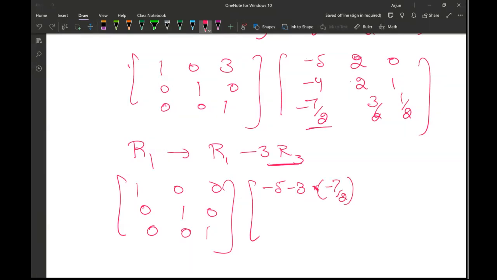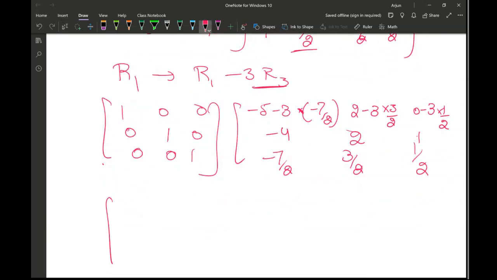Minus 7 over 2, and this will be 2 minus 3 times 3 over 2, 0 minus 3 times 1 over 2, and this is minus 4 2 1, minus 7 over 2, 3 over 2, 1 over 2. And the final step is this will remain as it is. We're not changing it. I'm just doing the calculation here now.